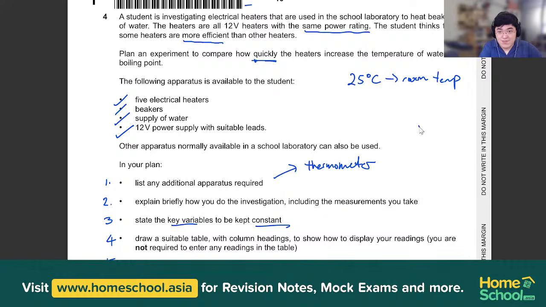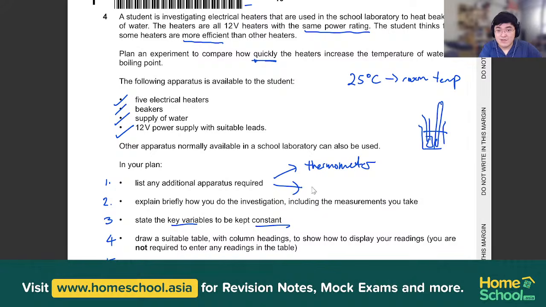When you are heating up your water, you need a thermometer to measure the temperature of the water initially and when it actually hits 100 degrees Celsius. Although water boils at 100 degrees Celsius, we don't know when you want to start and stop the stopwatch when you start this experiment.